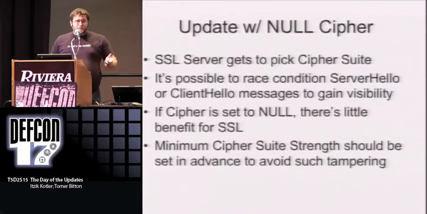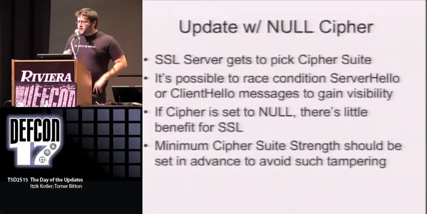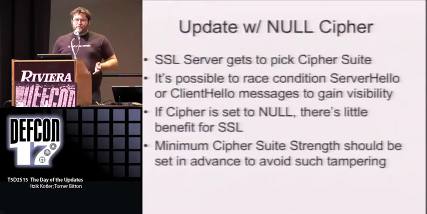Another attack that Tomer and I came up with, which is a little on the theoretical side, is that we saw that there is no minimum for the cipher suite strength in SSL. I mean, browsers do support some sort of minimum set for SSL, but this application will agree to anything, and it will also agree to a null cipher.